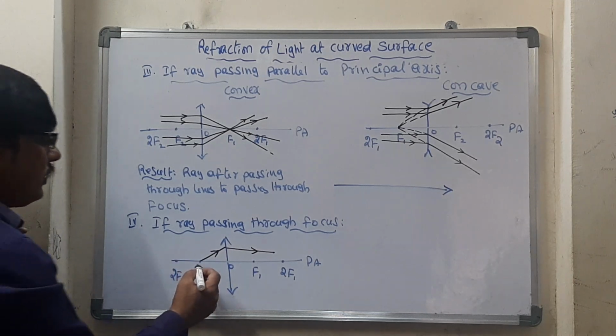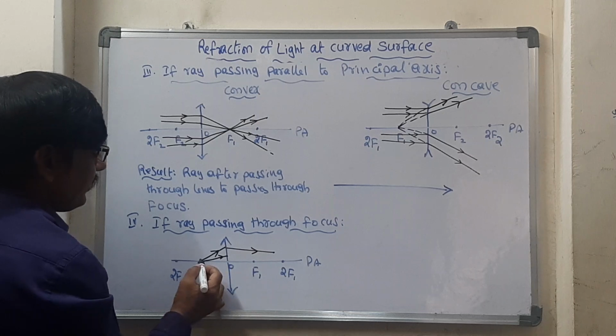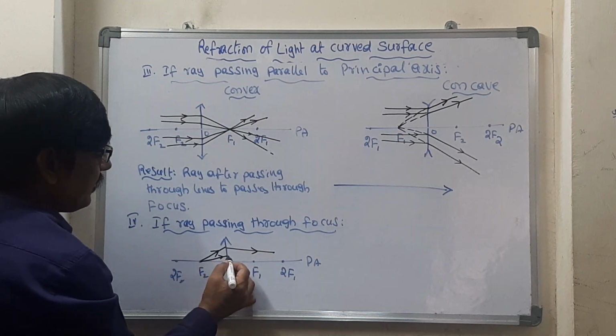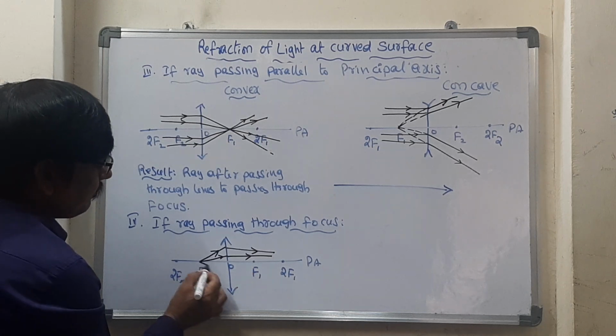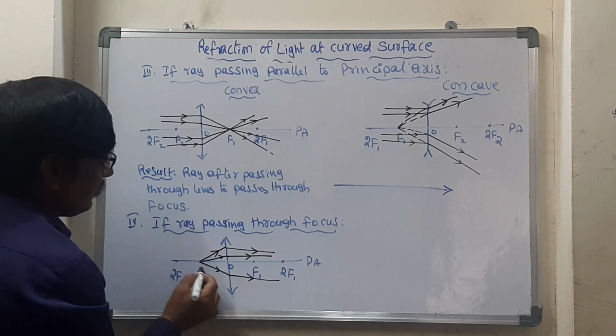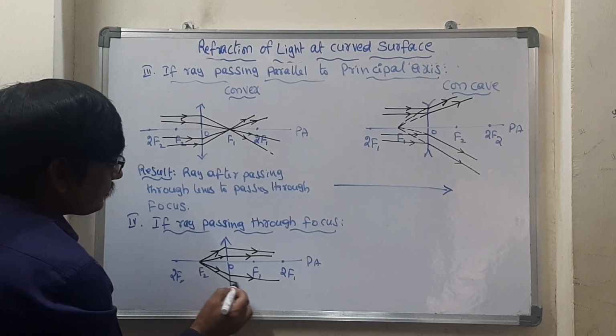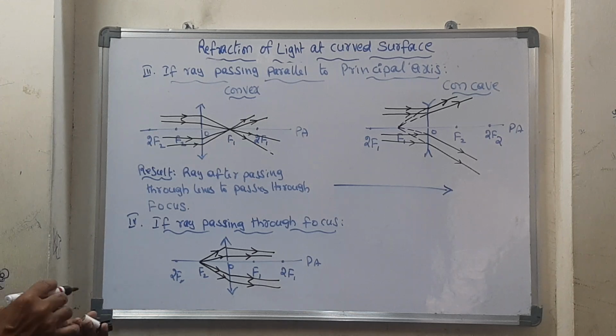Okay, and now let us take one more ray also. If we take one more ray, even if it is originating from the focus, it travels parallel to the principal axis. Even if you take it below the principal axis, the same will happen. So what statement can we make here?